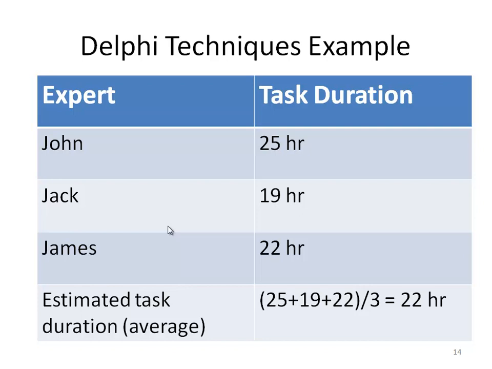To calculate the expected duration for the task, we add all 3 durations and divide by 3, which will give me the average estimated task duration. In this situation, we have 25 plus 19 plus 22 divided by 3, and that will give us 22 hours. So the estimated task duration or average is 22 hours.